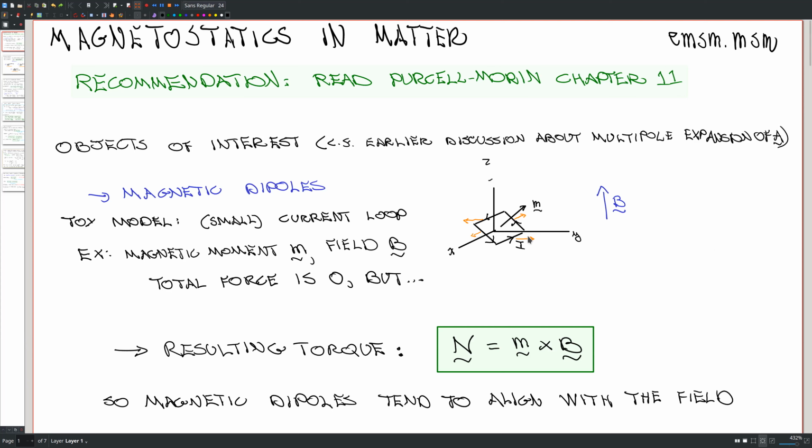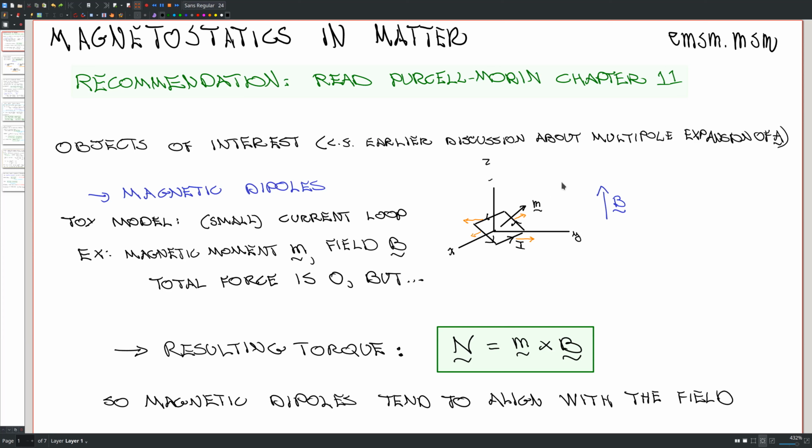Here we're using a very simple cartoon of this, which is just a tiny little surface surrounded by a current I going in a counterclockwise direction, therefore representing a magnetic moment m pointing out of the page. So it's worthwhile to state a couple of basic physical facts about such current loops.